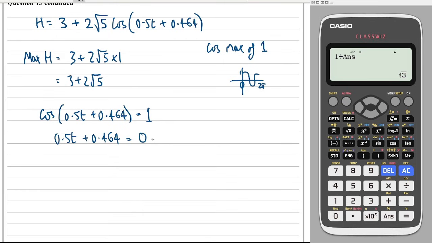So I'm going to write here 0, I'm also going to write 2 pi. And then I'm going to subtract 0.464, which is going to give me minus 0.464. I'm going to have to do 2 pi minus 0.464, which gives me 5.819.